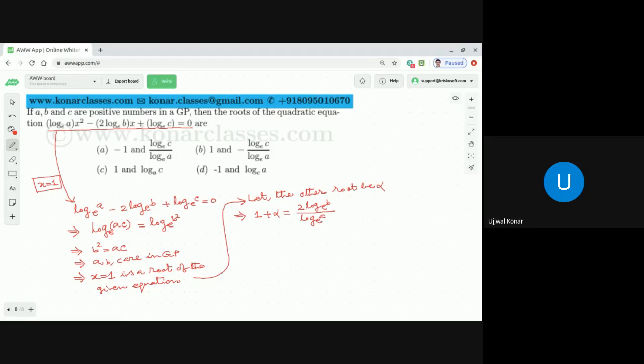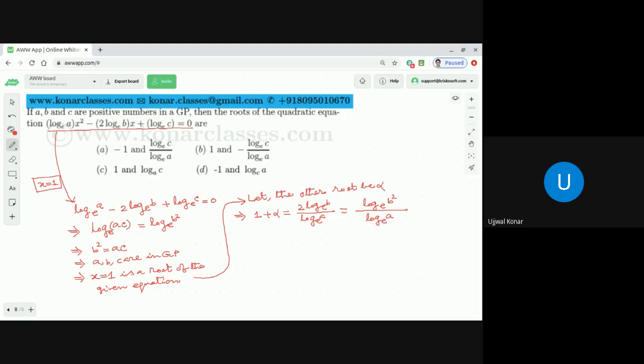I hope you are getting my point, dear students. Correct or not? So from here, that is equal to log of b square base e divided by log of a base e.